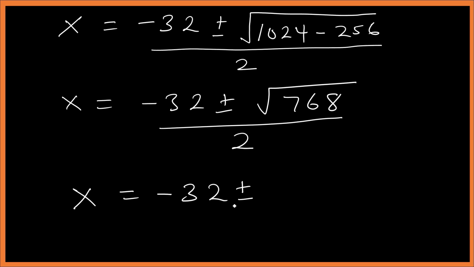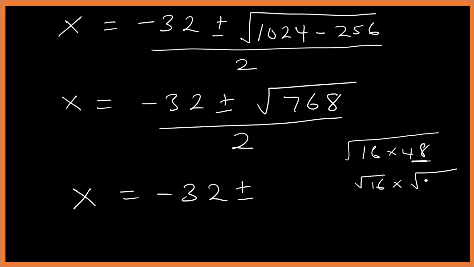Now let's do this one. 16 times 48 is 768, and we can still break this down. 48 is 16 times 3, so we have 16 times 16 times 3.